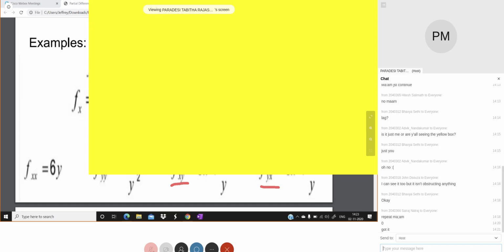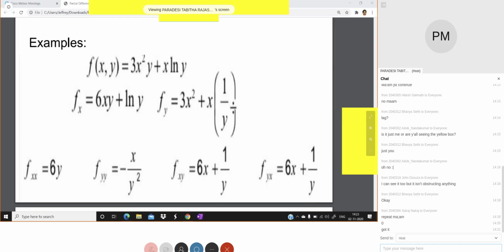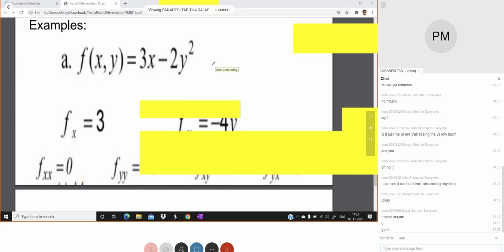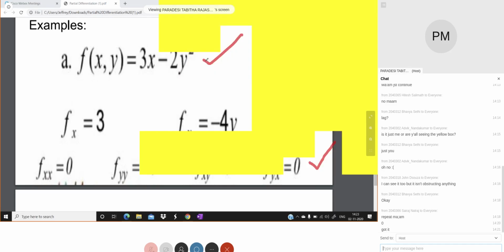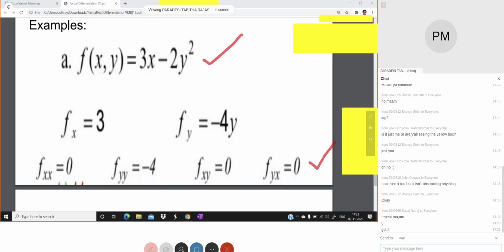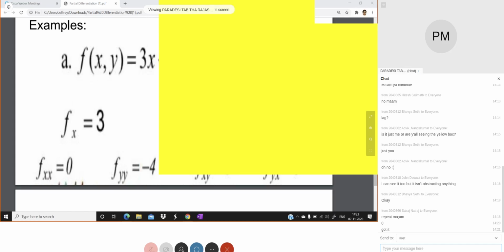Okay, this is also a function. Quickly check whether the answer is right, and confirm the answer. If the answers are right, we'll move on to the next slide.